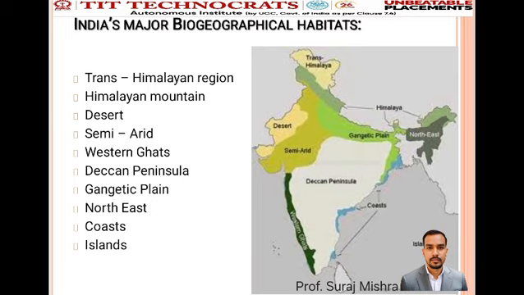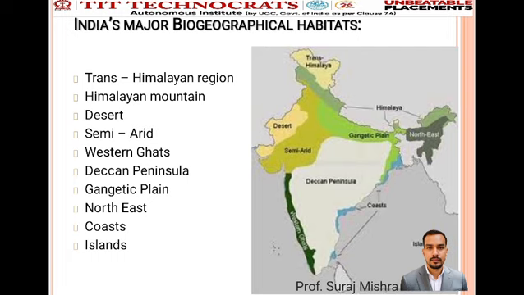Talking about the peninsula region, these are identified by the stable landmass having gentle hills and wide valleys. Here we can do traditional farming. For example, Deccan Plateau and Malwa Plateau.